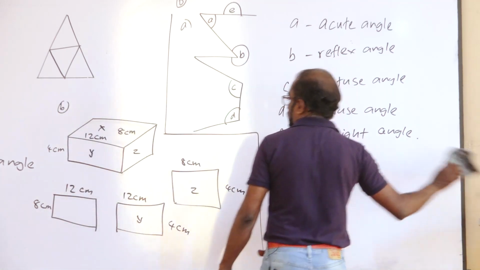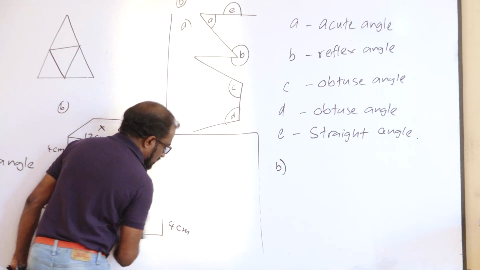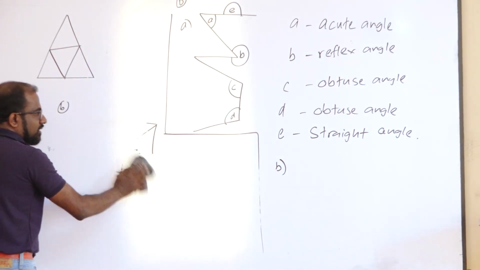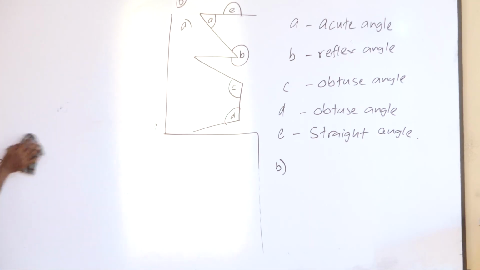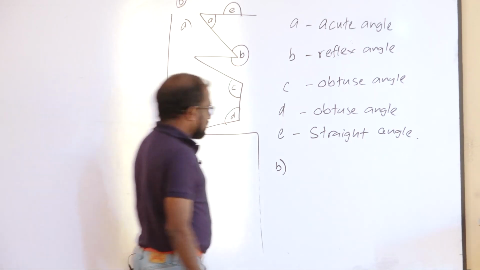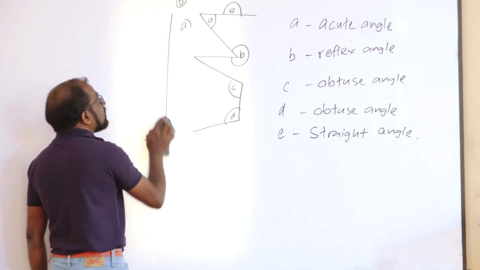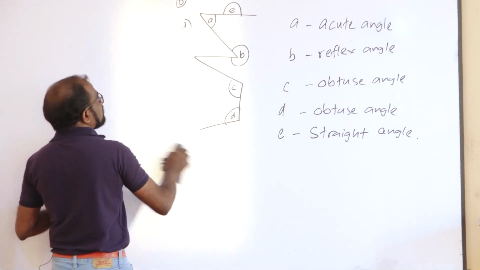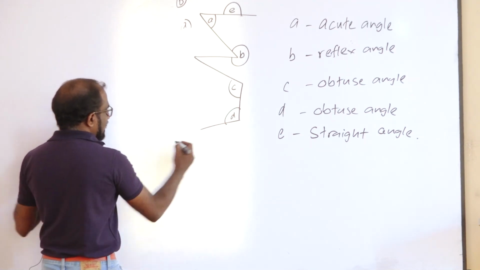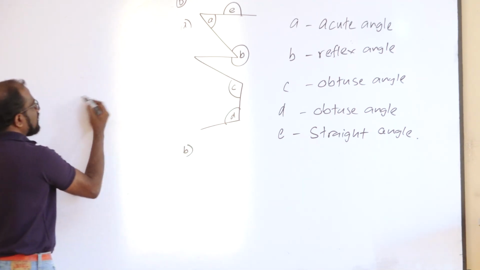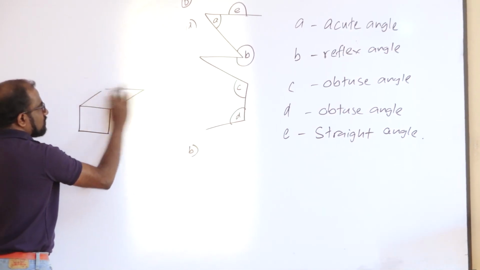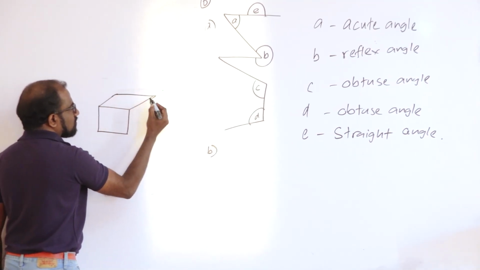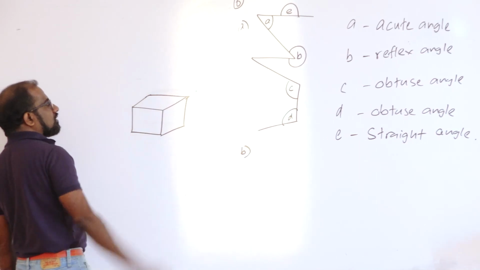Let's see. So I'll erase this one. The statement says a cube has 4 square faces. In grade 6 we know that both cube and cuboid have 6 faces. Let's draw a cube. How is a cube drawn? Like this.